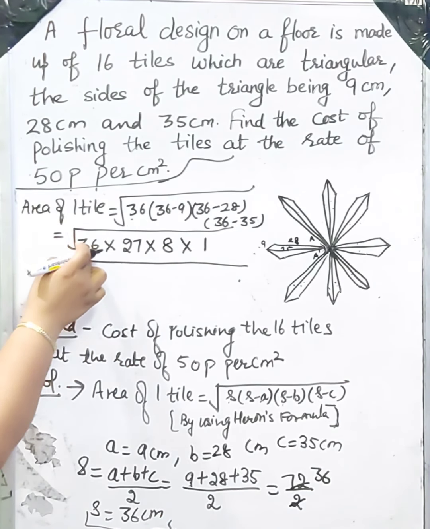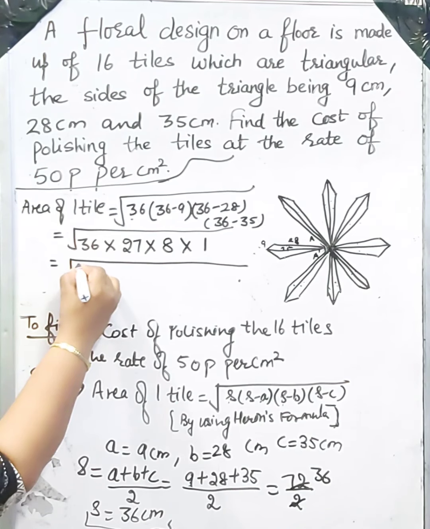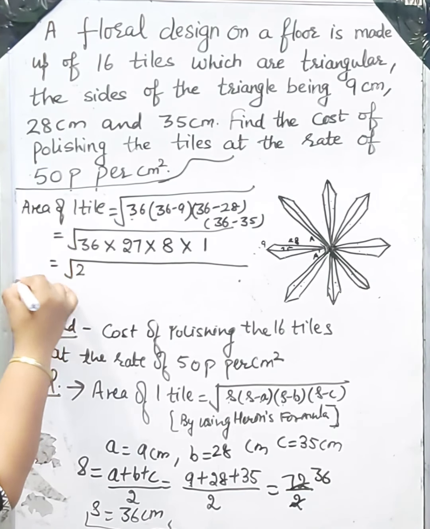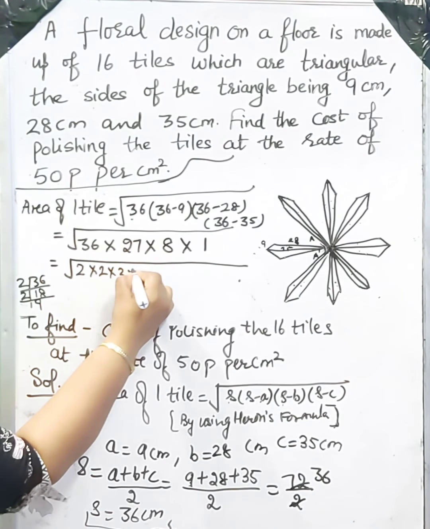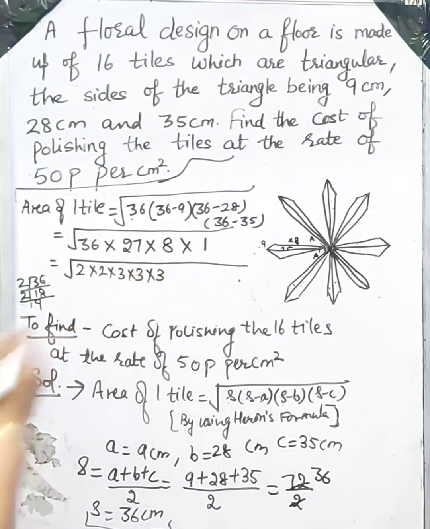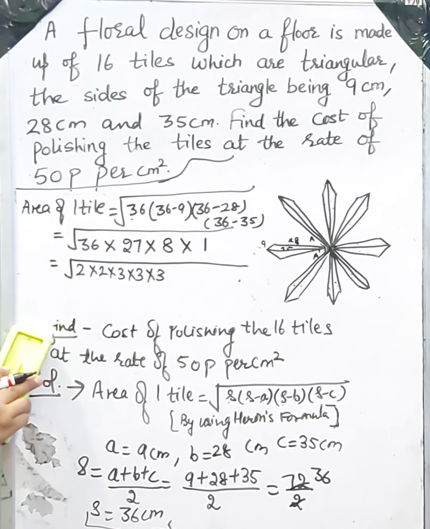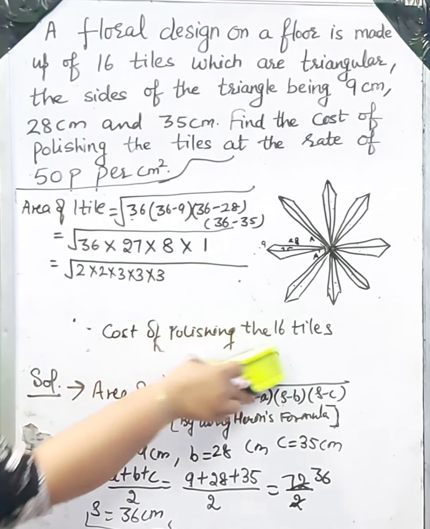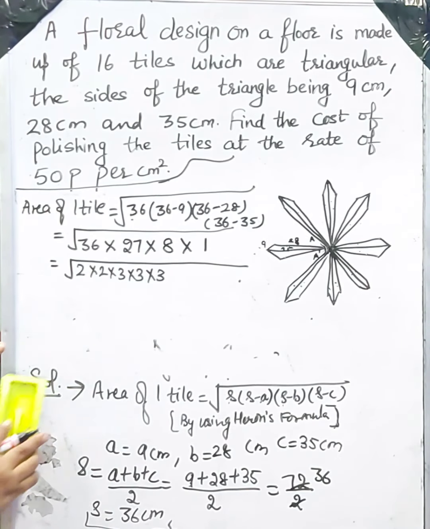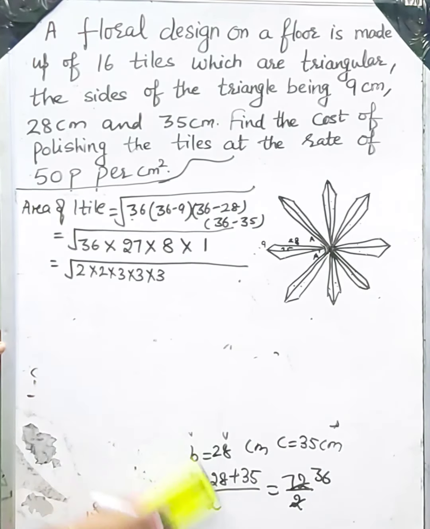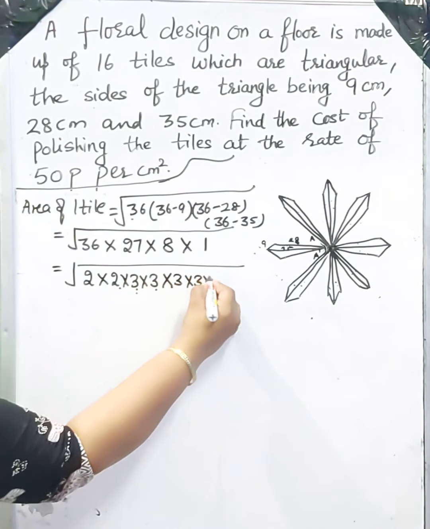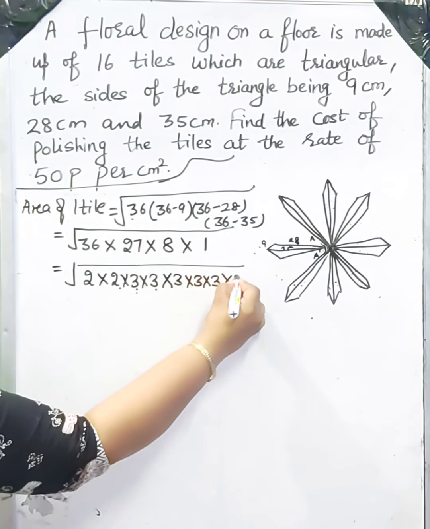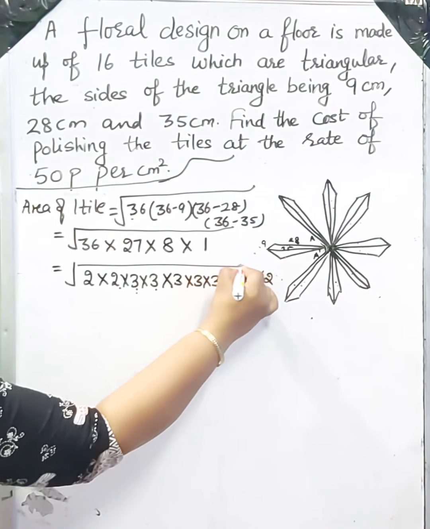Now the prime factors of 36 are 2 into 2 into 3 into 3. Prime factors of 27 are 3 into 3 into 3, and 8 is 2 into 2 into 2.